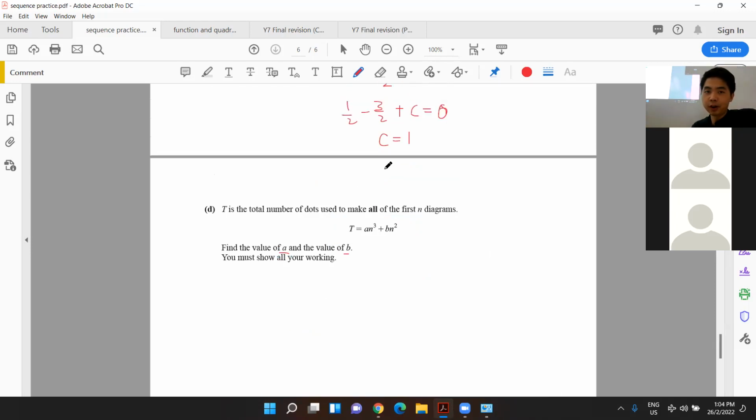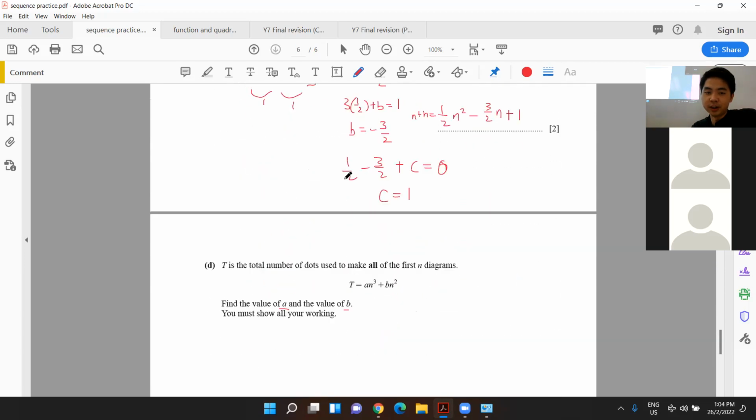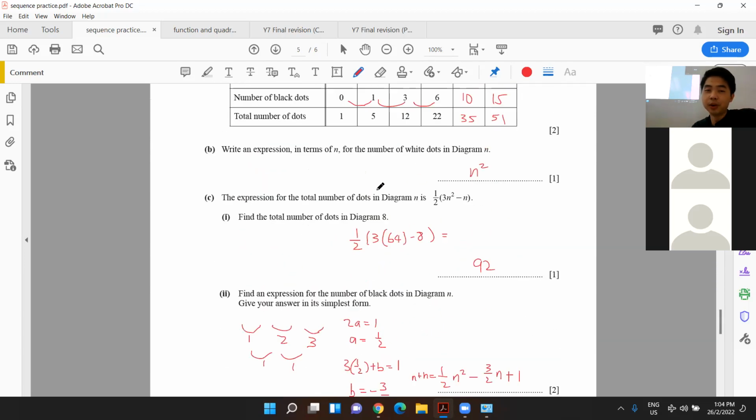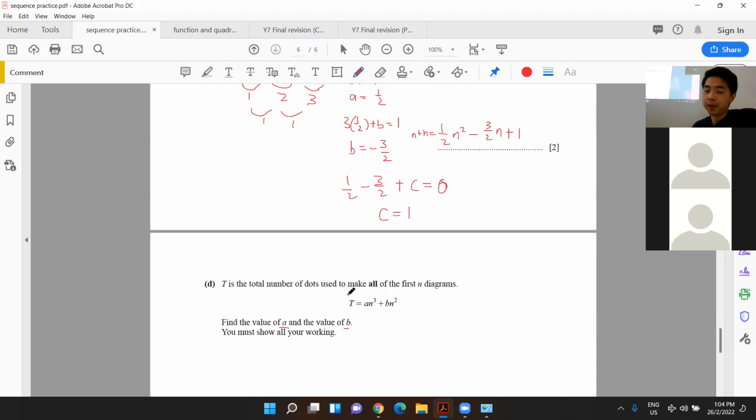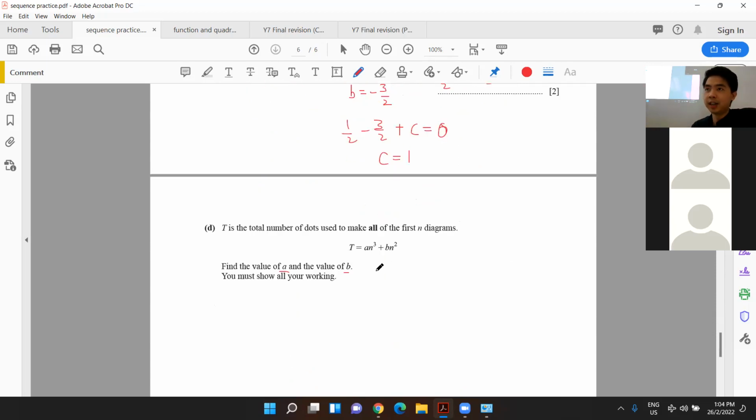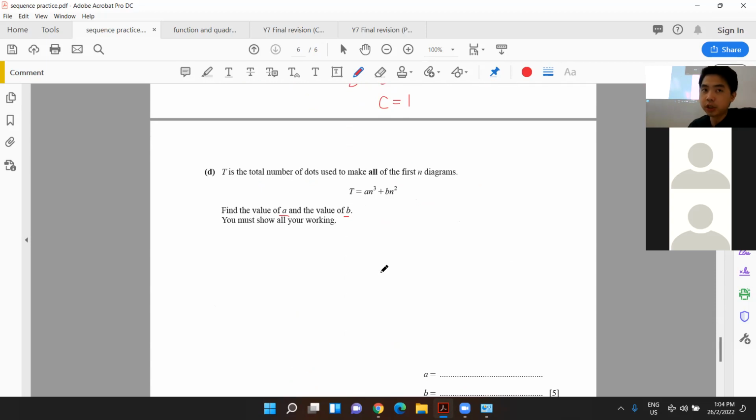You can't find this value from the table. This is from your understanding of the nth term equations, the same way we solved for our quadratic formulas.